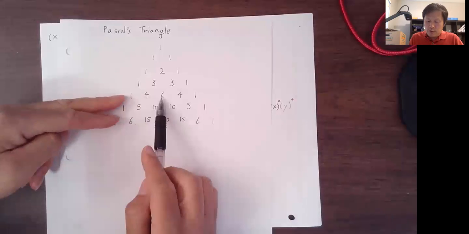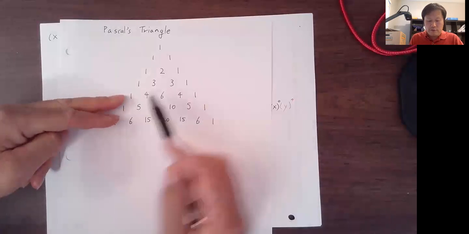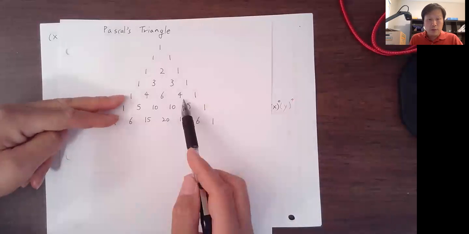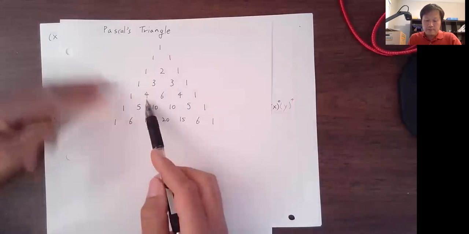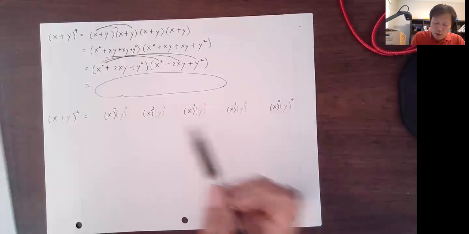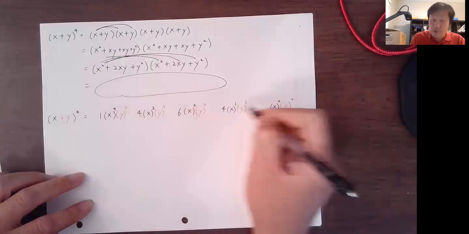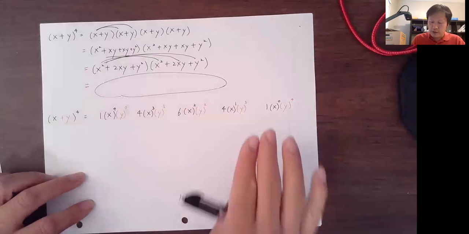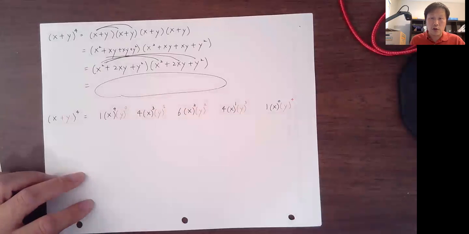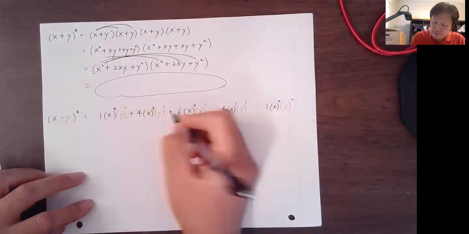First, second, third, fourth, fifth row: 1, 4, 6, 4, 1 has 5 numbers. So those numbers, 1, 4, 6, 4, 1, are what you write in front of each of these terms as a coefficient. Then you add them all.